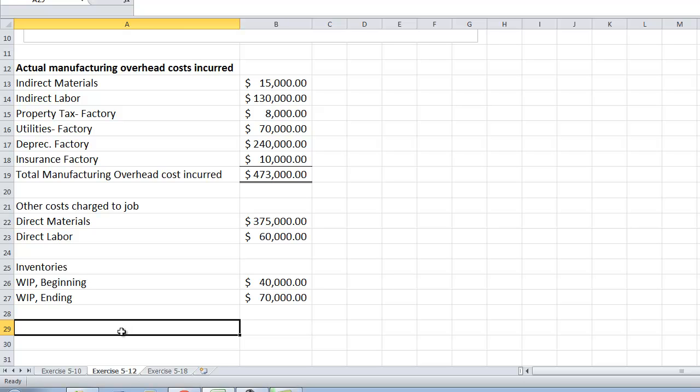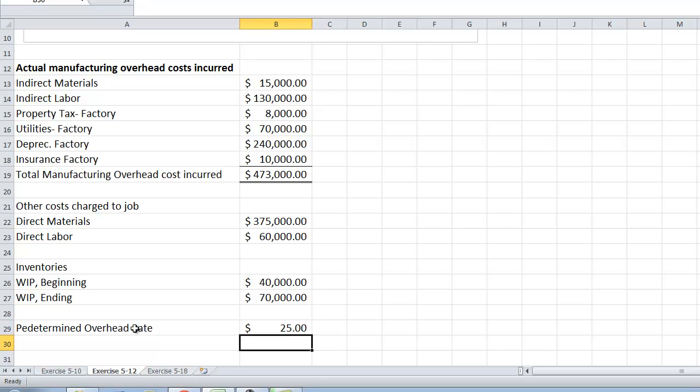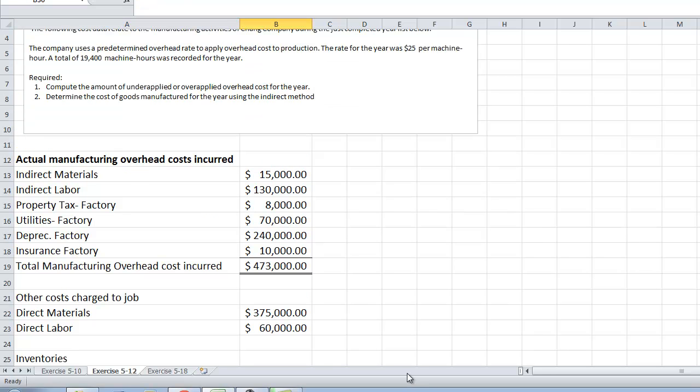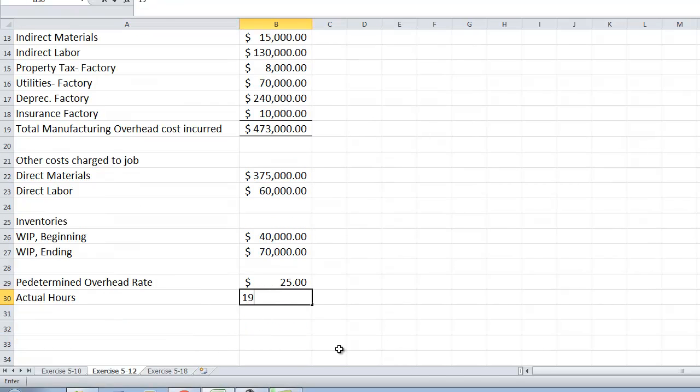So the very first thing is we must figure out the overhead applied. So our predetermined overhead rate is $25. And actual hours was, given in the problem, 19,400.